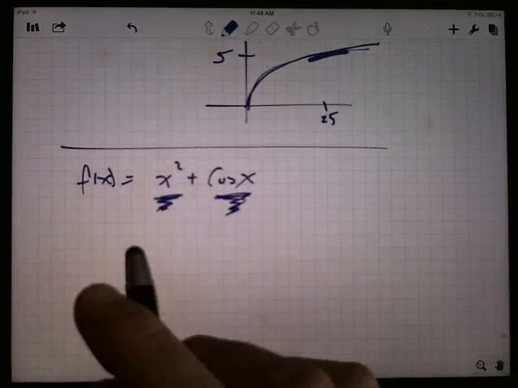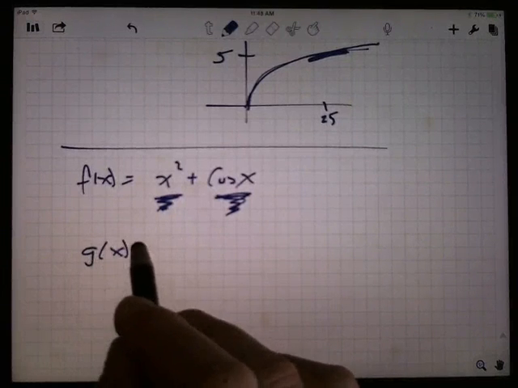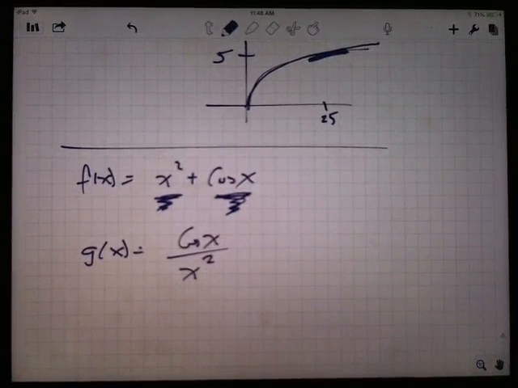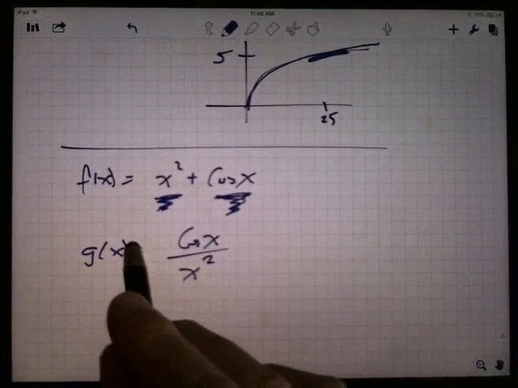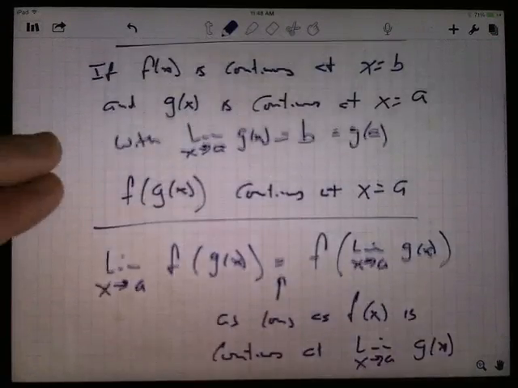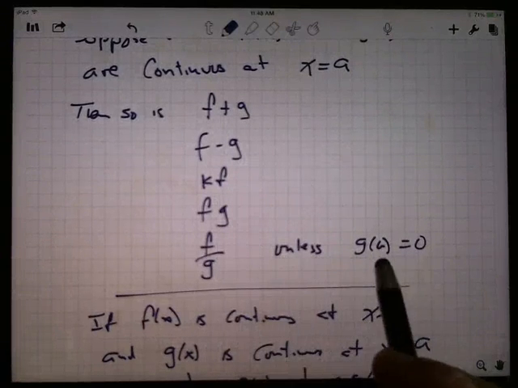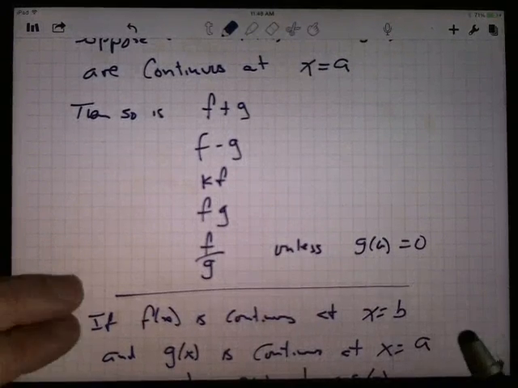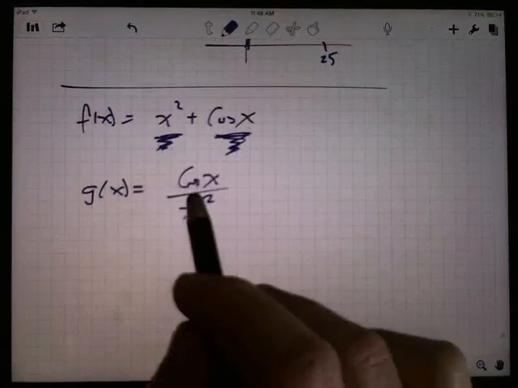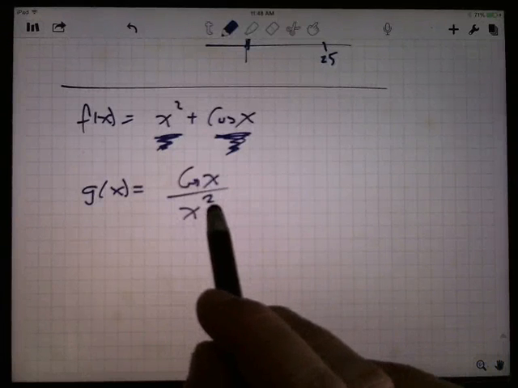If you talk about dividing them, let's say g of x is cosine x divided by x squared, is that a continuous function? Well, with the division, there was one proviso, right? When I was up here, I said these things are all continuous, unless you happen to have a spot where the denominator is 0. Cosine is continuous everywhere, and x squared is continuous everywhere.